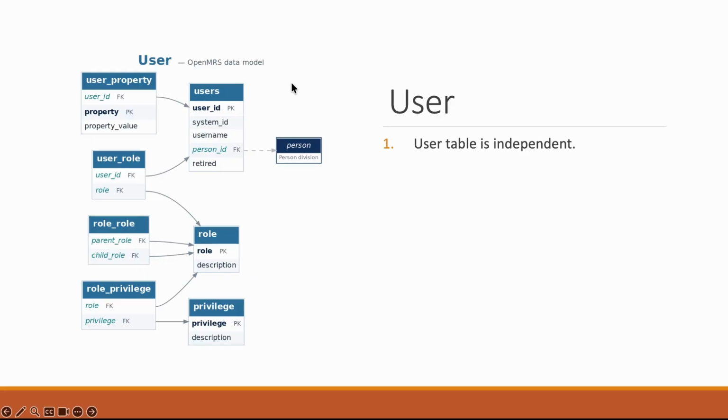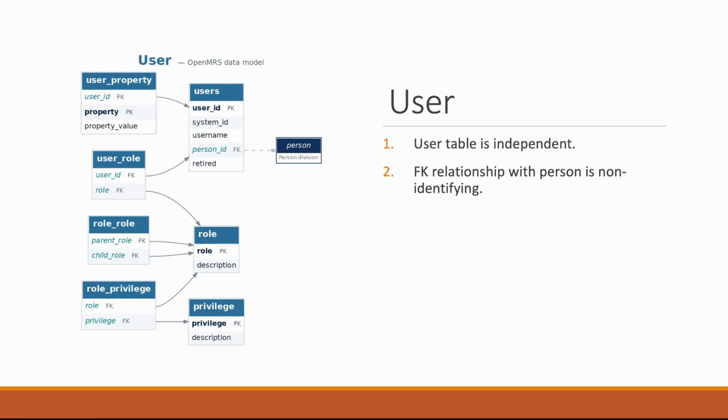But anyway, you will see that users has a relationship with person. This is a non-identifying relationship, meaning it is nullable. You don't need a person record to be able to enter a user, right? So that's something to be noted. It's important. Now a user can have more than one role. So this is a one to many relationship between these two tables.